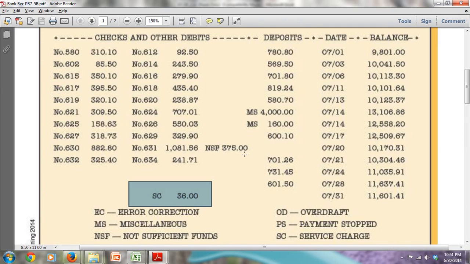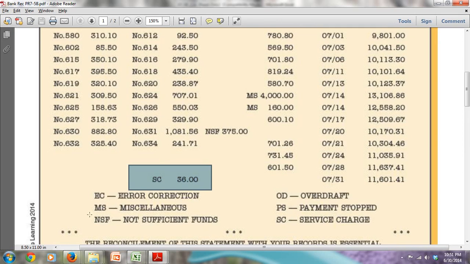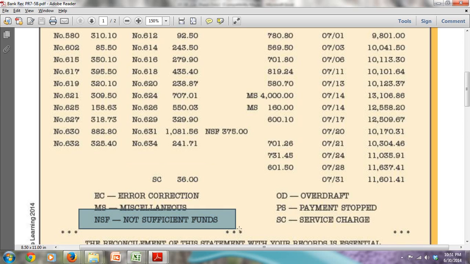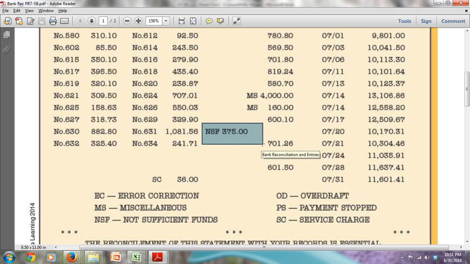The other item we need to deduct is the insufficient funds check. If you look in the key here, non-sufficient funds. Somebody wrote us a hot check. So we have to subtract that receipt we recorded from the books, because the bank has notified us that it came back as hot.